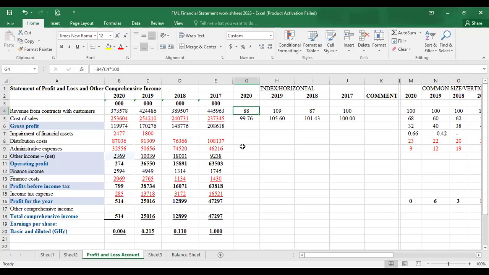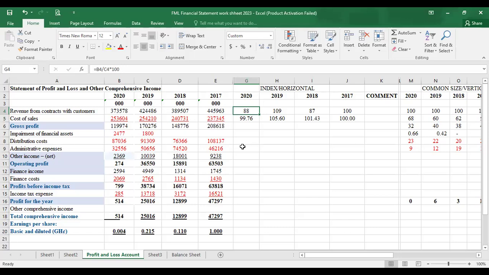So, Madam, why don't we focus on the horizontal analysis, leaving out the vertical one? Because if the horizontal alone can give more meaningful insight, why do we have to worry ourselves with the vertical, not necessarily going straight to the index one?